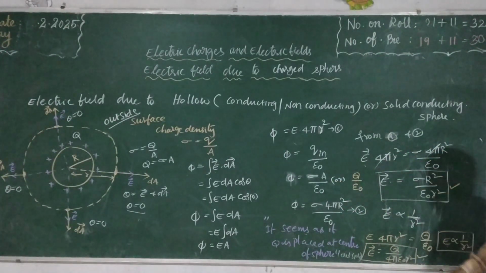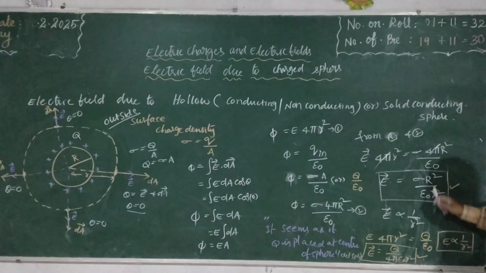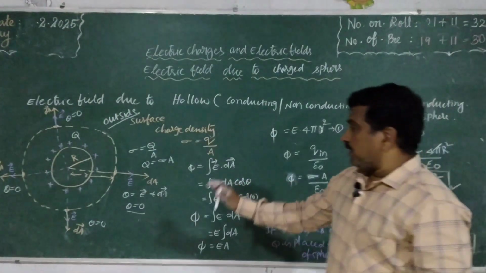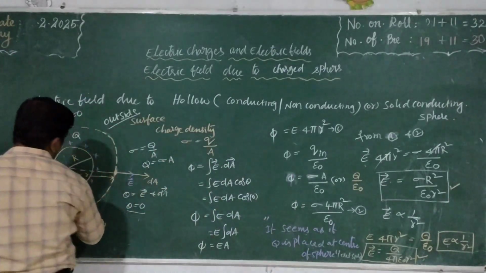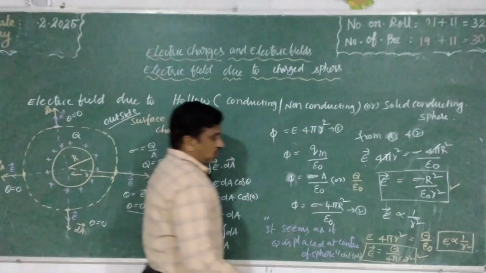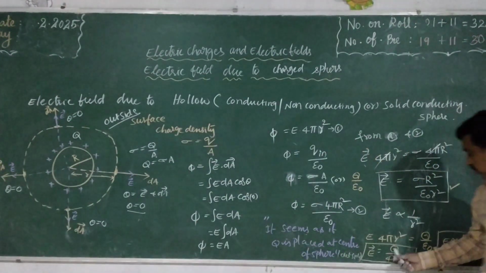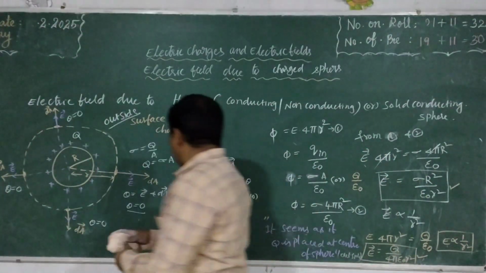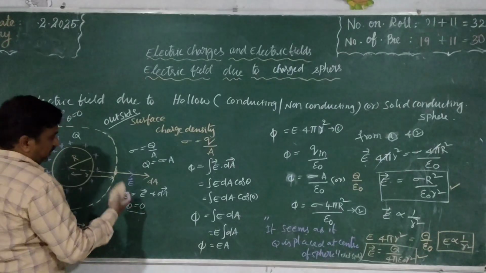This 4 pi cancels. E equals sigma R square by epsilon naught r square. This is the electric field due to a conducting solid sphere or a hollow conducting or non-conducting sphere. Or we can write it as E equals Q by 4 pi epsilon naught r square also. Both are correct. Now let us discuss inside the sphere.